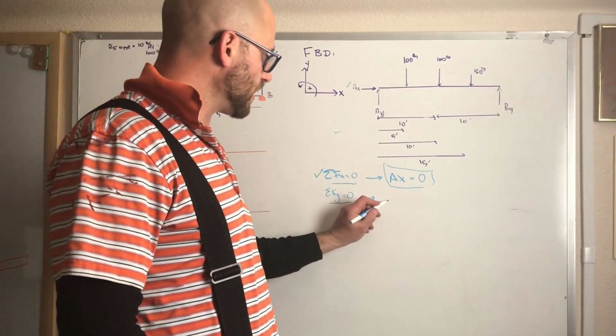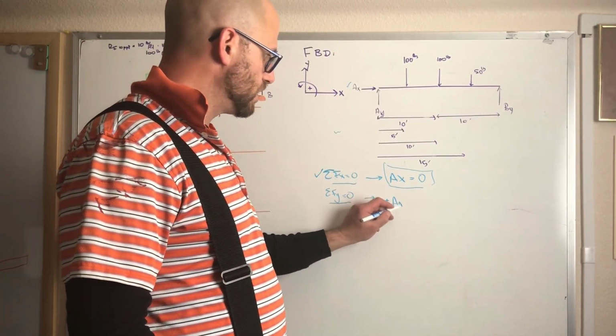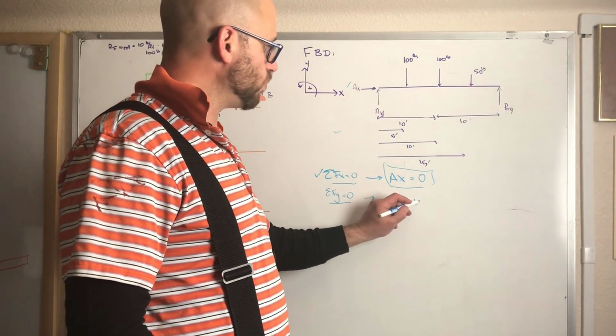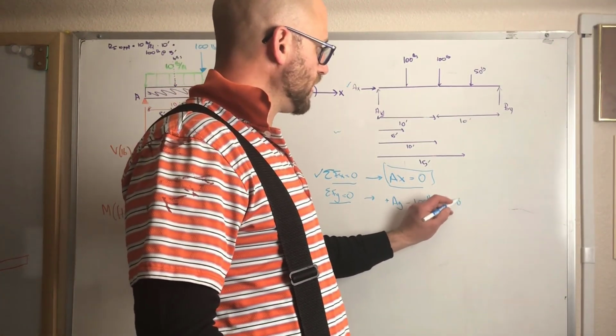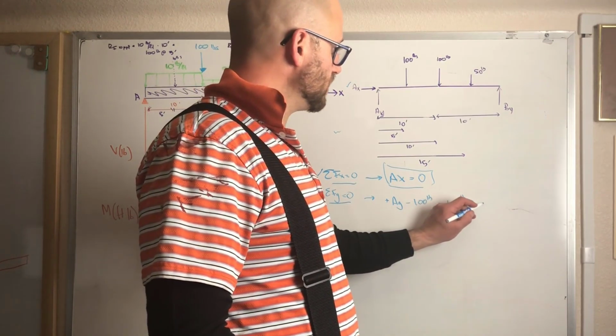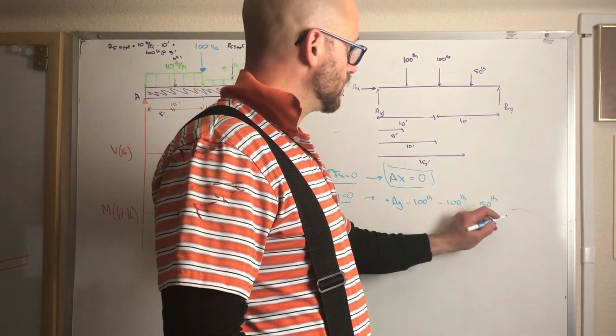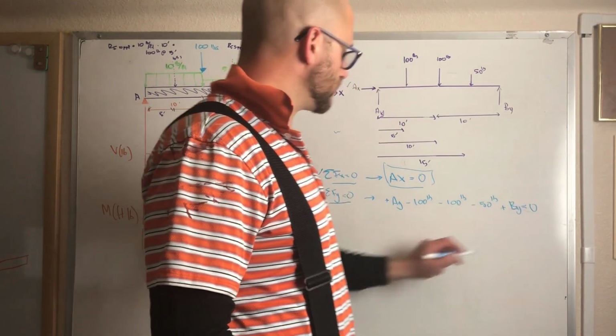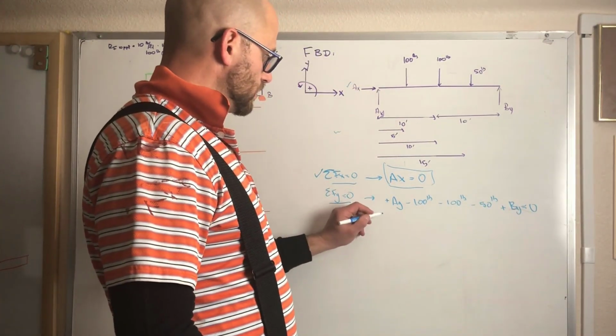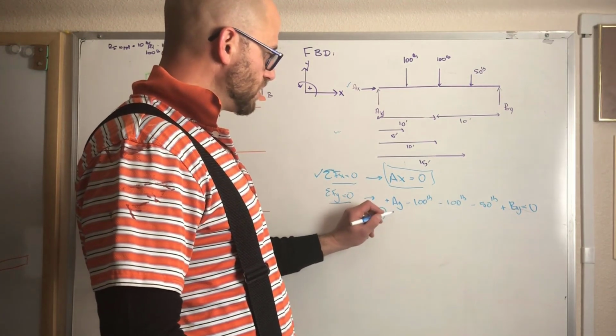So we got our AY in the positive direction, minus 100 pounds, minus 100 pounds, minus 50 pounds, and then we have a plus BY, and that all equals 0. So if we go ahead, we'll write equation number 1.